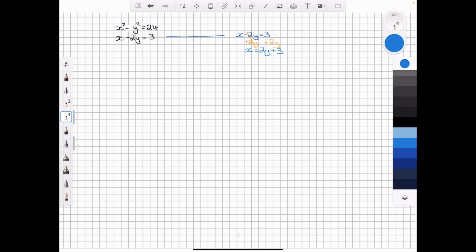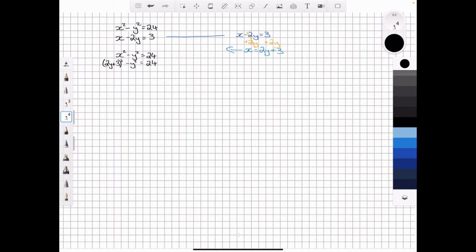So now we know that x is equal to 2y plus 3. We're going to put that back into the original quadratic equation. So over here I'm going to write x squared minus y squared equals 24. And then we know that x is equal to 2y plus 3. So 2y plus 3 squared minus y squared equals 24.